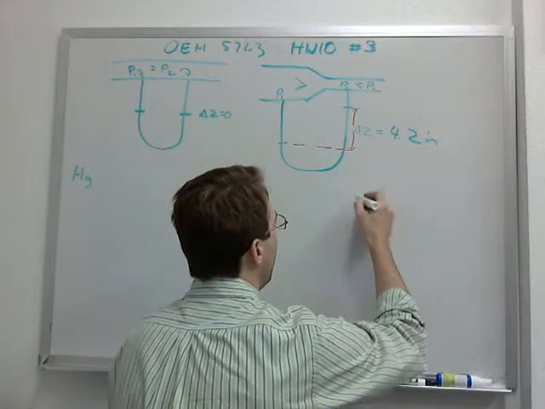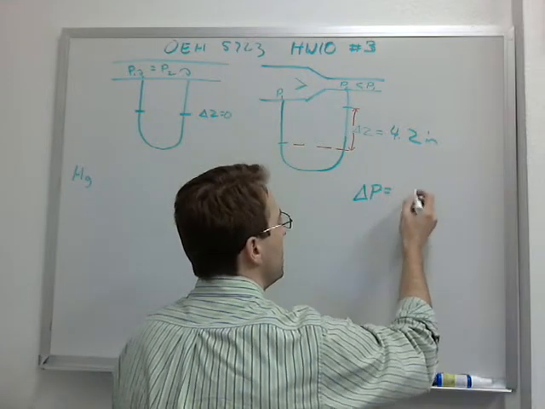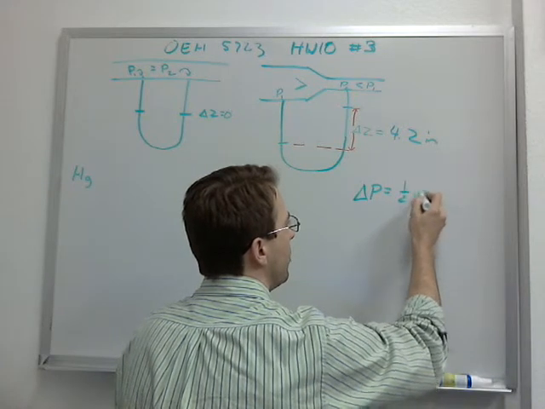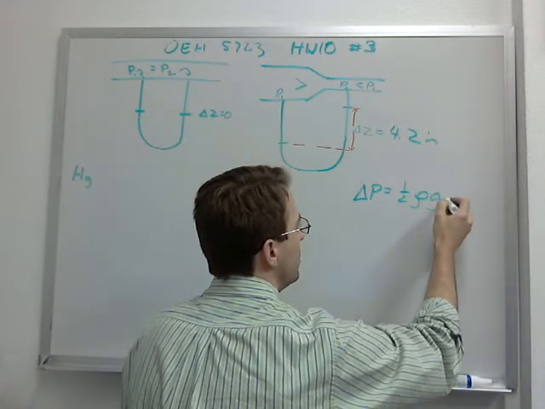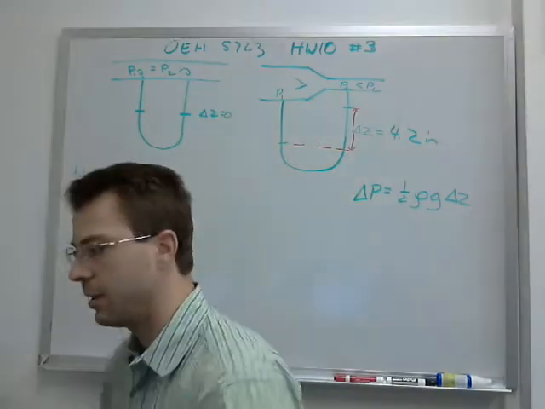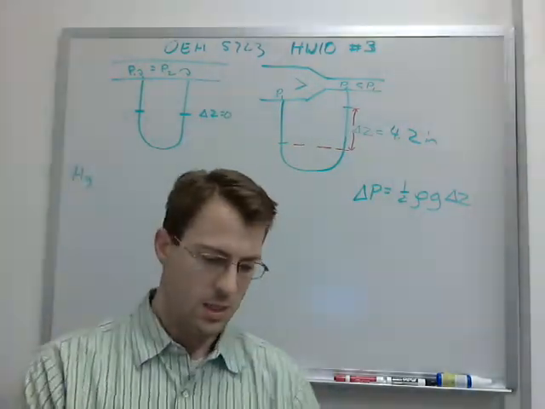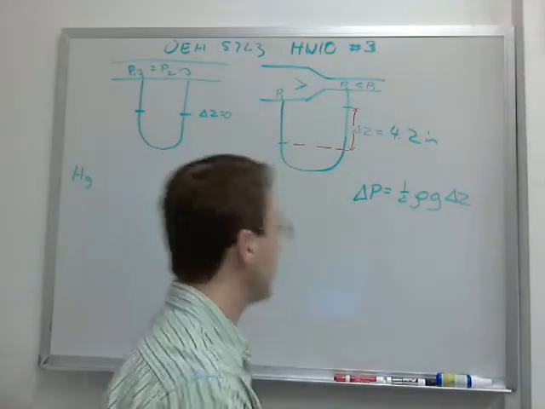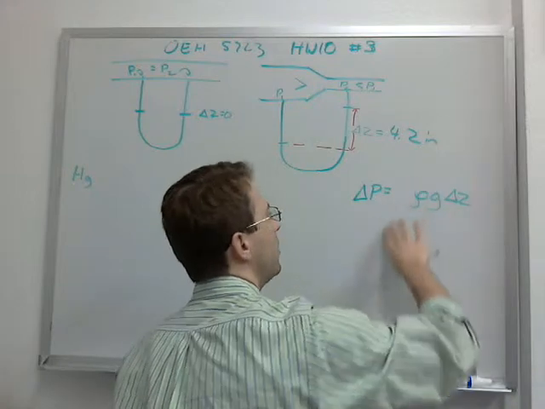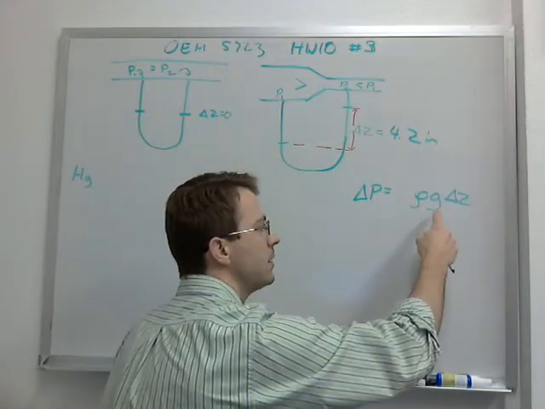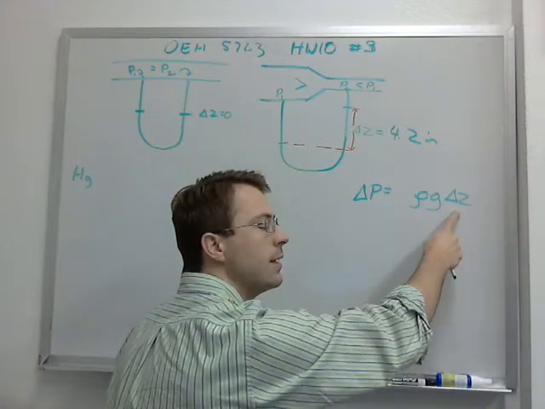So our delta P is going to be equal to... let me just make sure that I'm not getting my equations mixed up. Hydrostatic pressure. Oh, yeah, no 1/2, sorry. It's just rho g delta Z, right? So the density, the force of gravity, and the height.